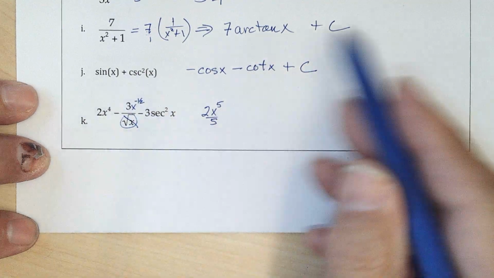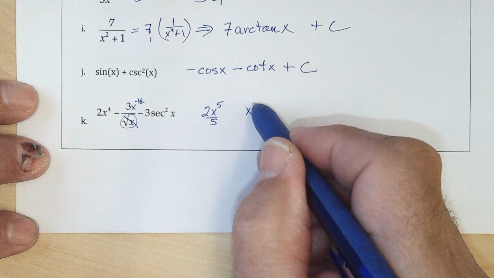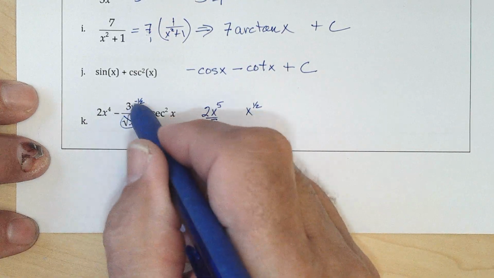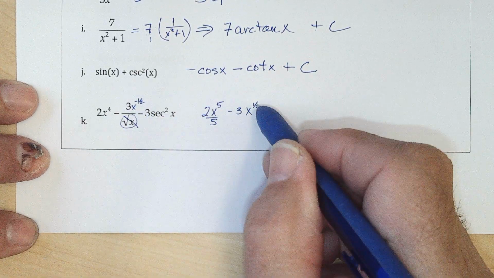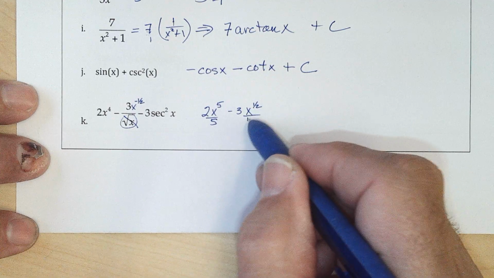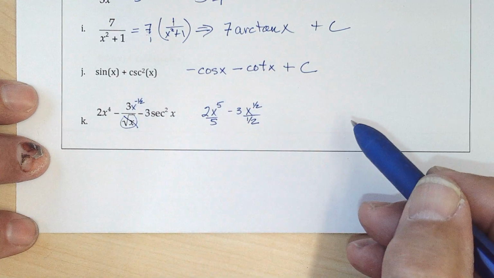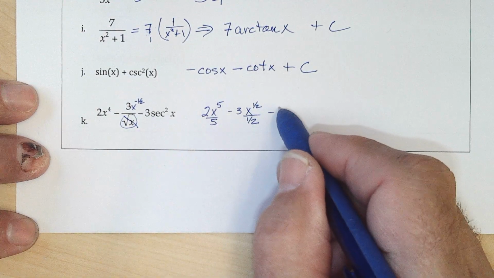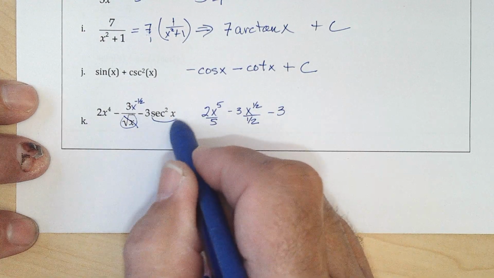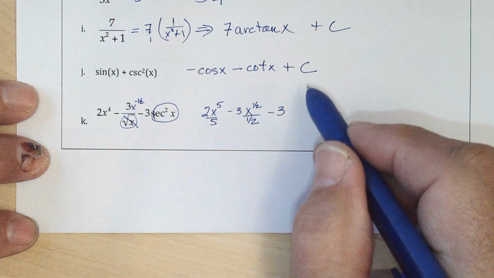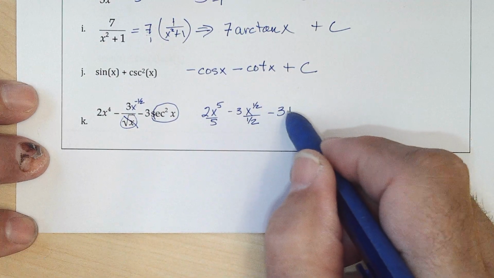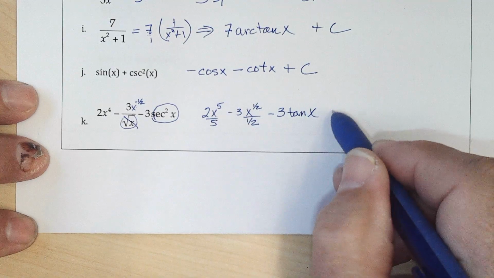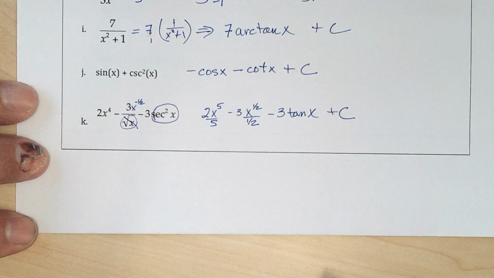So I increase the power by 1, it becomes x to the 1/2 times this -3, and divide by the power I got. So that's that. And I've got -3, and secant squared, according to your card, is the derivative of tangent, x plus c.